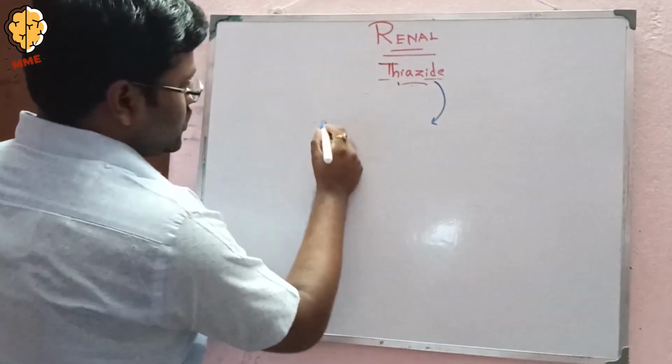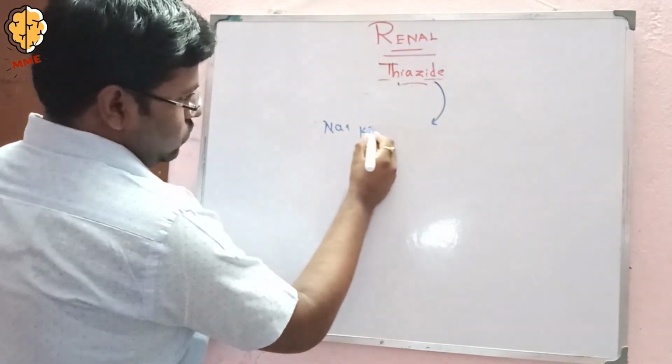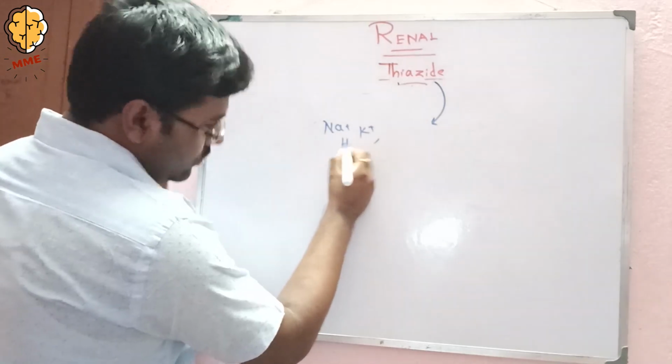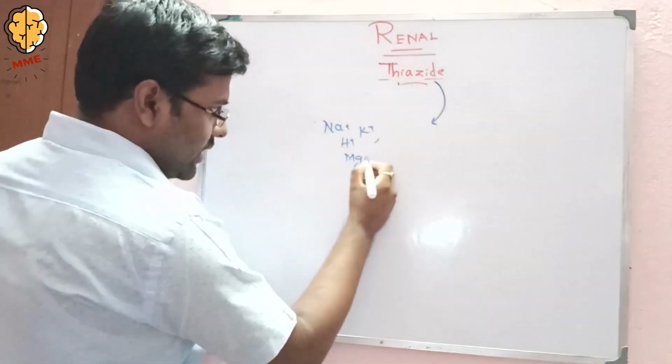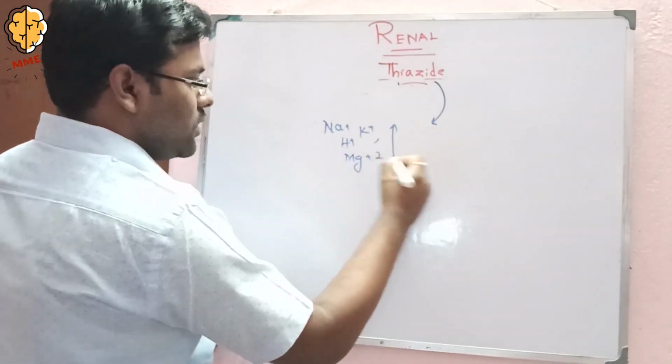Thiazide increases sodium, potassium, H plus, magnesium in urine.